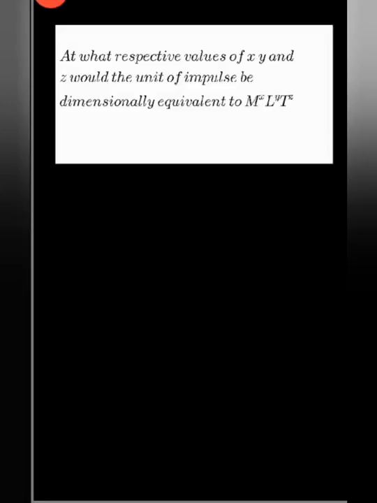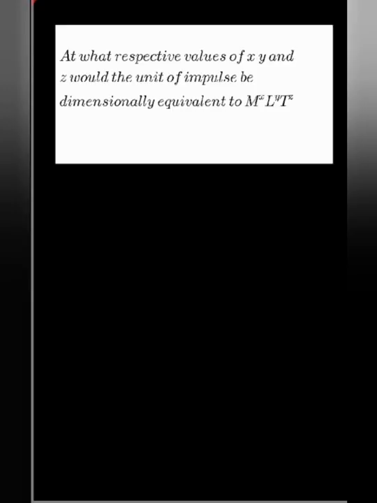Let's consider this question. At what respective values of x, y, and z will the unit of impulse be dimensionally equivalent to M raised to power x, L raised to power y, and T raised to power z? This particular question is actually asking us to get the dimension of impulse and tell what the values of x, y, and z will be.